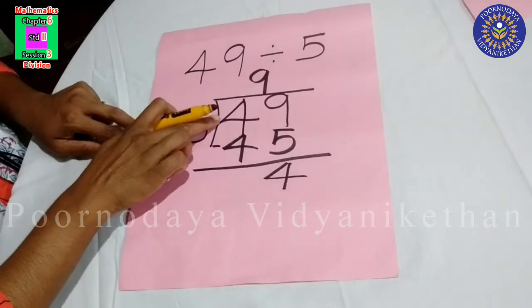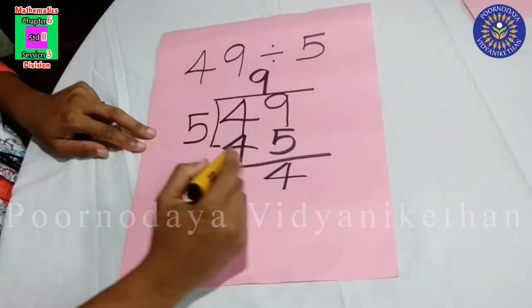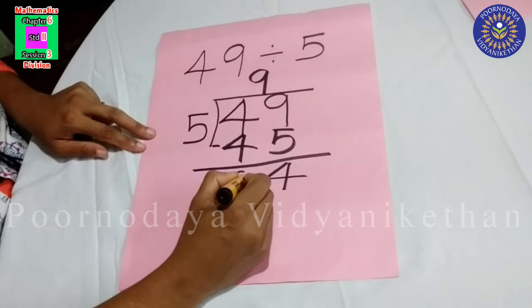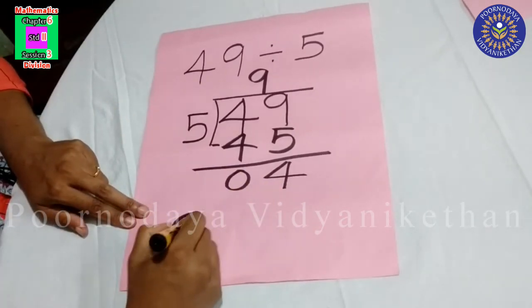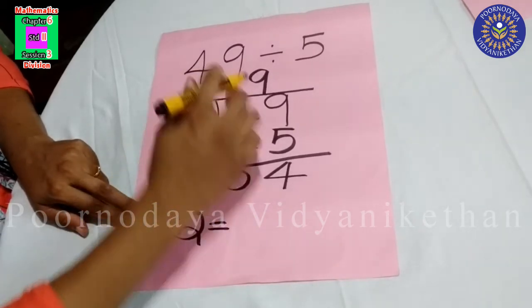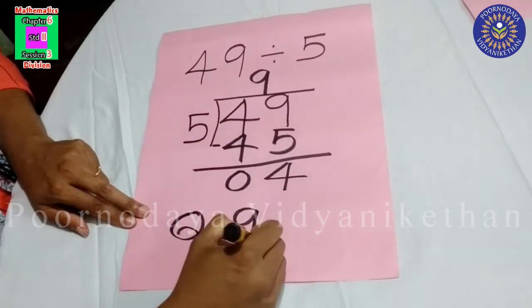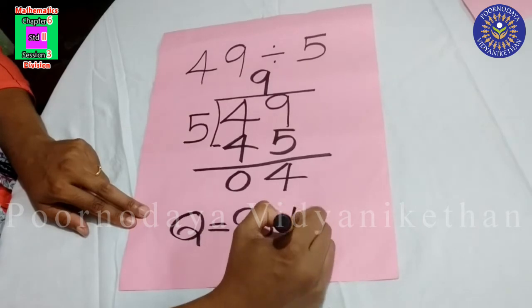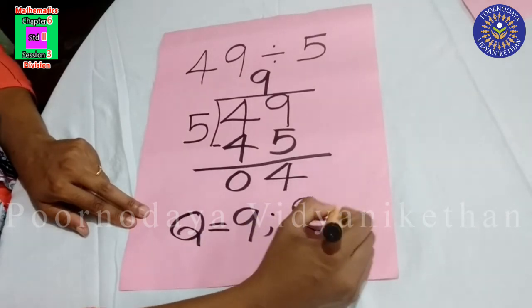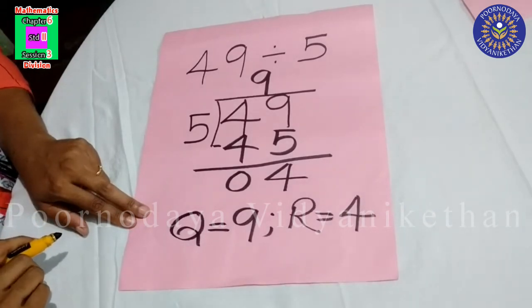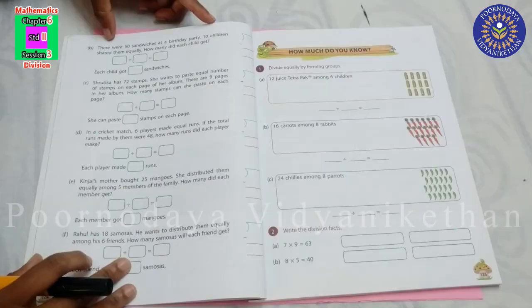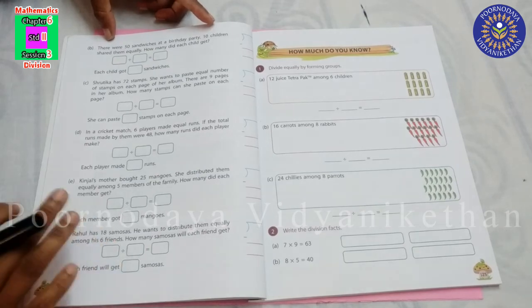Then now you have to subtract the tens place. 4 minus 4 is equal to 0. Now here we got the quotient. The quotient is 9 and the remainder is 4. Clear? Children, next we are going to do the word problems.